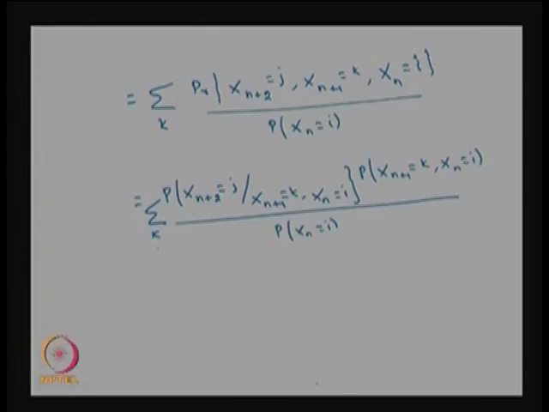So, basically I am writing the numerator joint distribution of these three random variables as the product of a conditional distribution with the joint distribution of those two random variables.